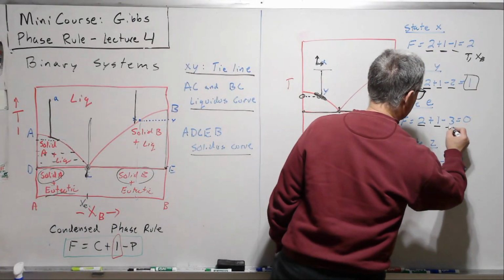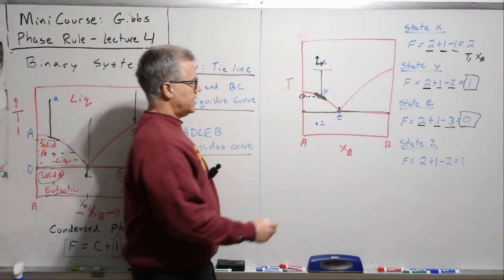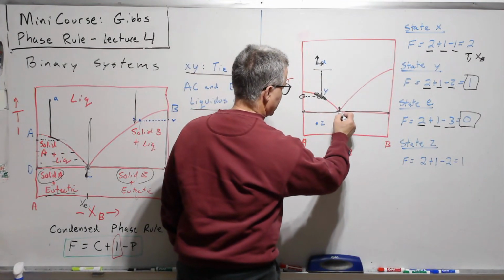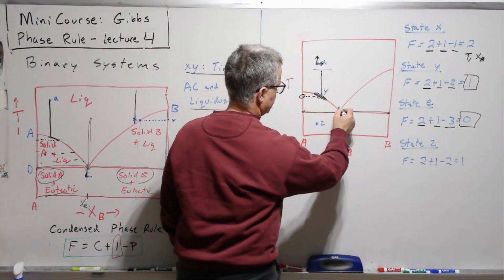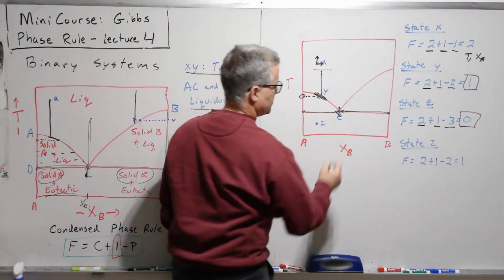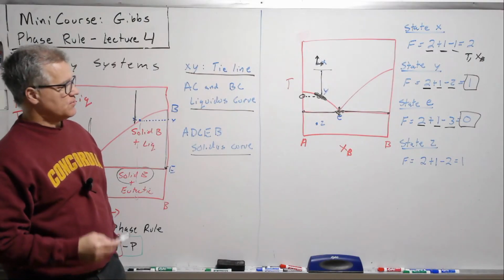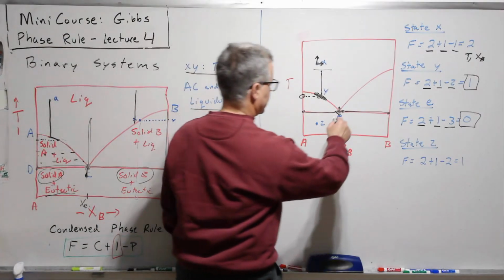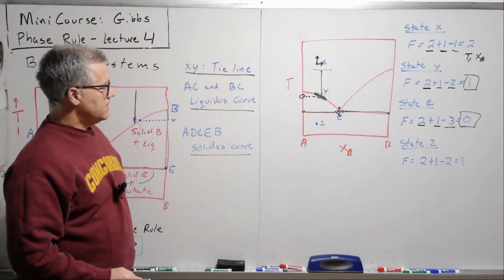And so that's 3. So 0 degrees of freedom. And certainly, if we change the temperature at all, we move off this point. If we change the concentration at all, we move off that point and would change the system. So visually, it looks like it should be locked in, no degrees of freedom there.